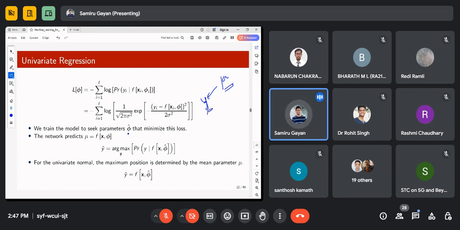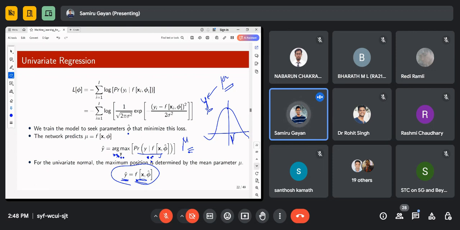How do we find y? We need to maximize this probability. It is maximized at mu, because we know it's a normal distribution. So we can directly say that y hat, the predicted output, will be equivalent to the model output.